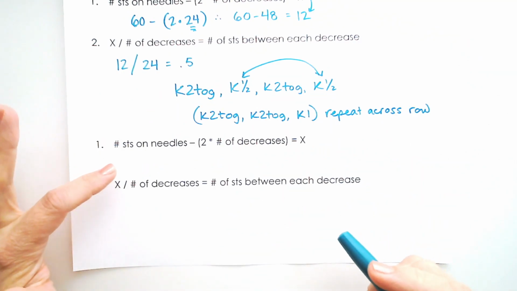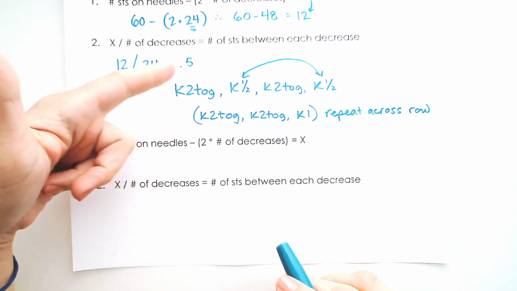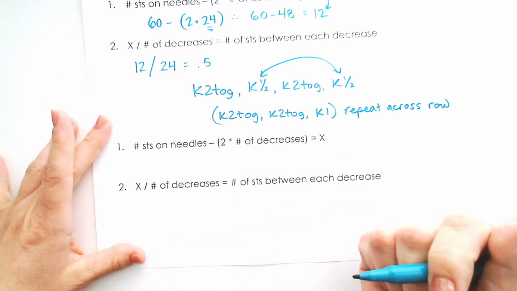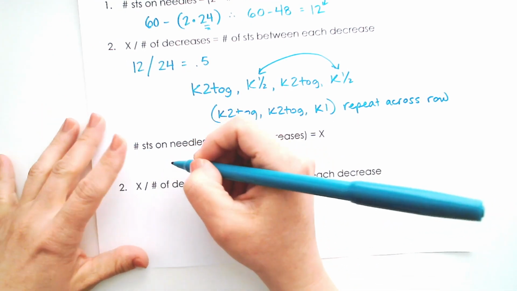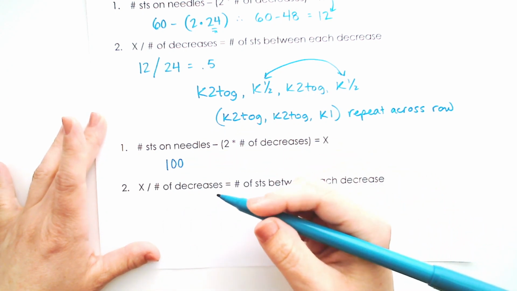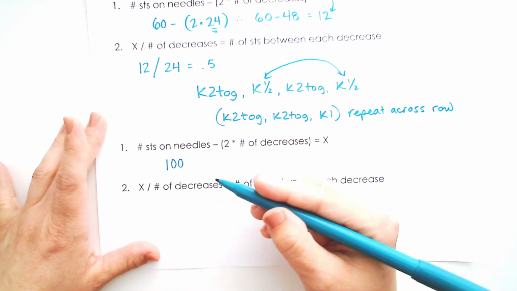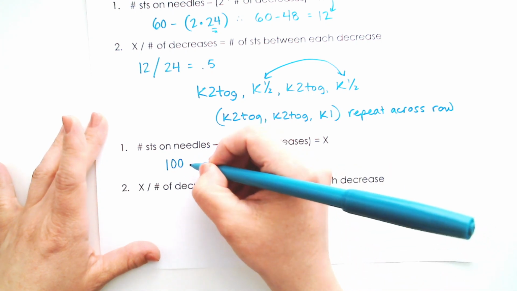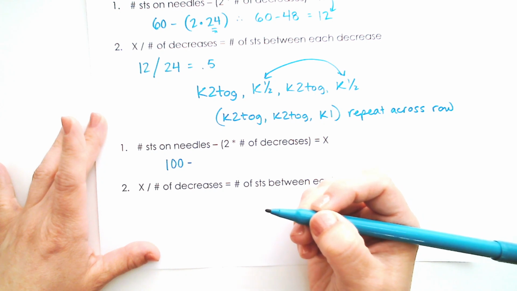For our final example, let's expand on what we just learned here and use some new numbers. So let's imagine we have 100 stitches on our needles, and our pattern is asking us to decrease to 84. 100 minus 84 tells us that we need to decrease 16 stitches.